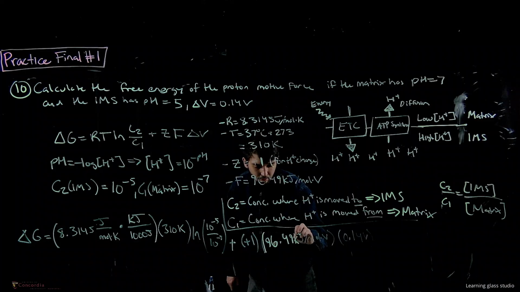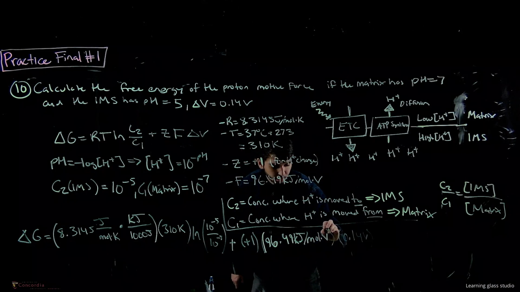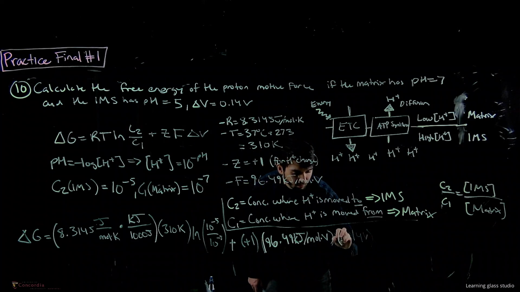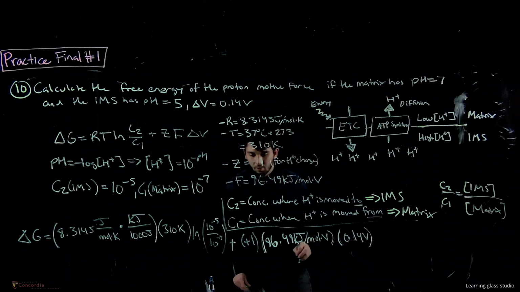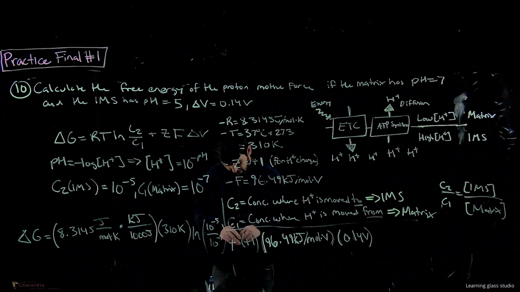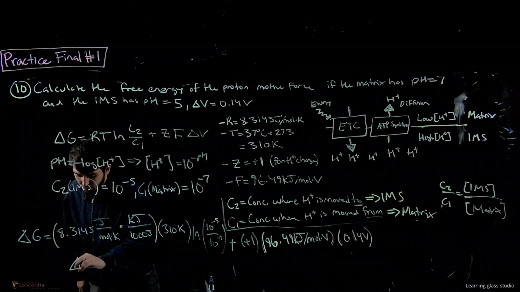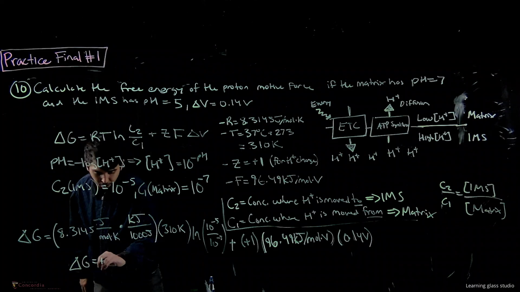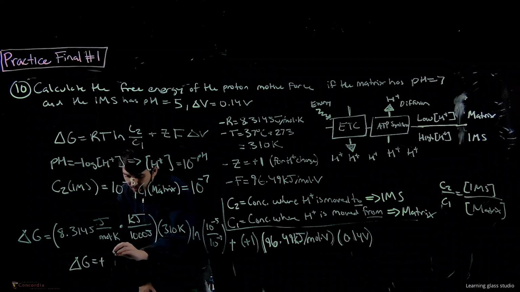That's quite a long expression, but when you put this into your calculator, you get delta G equal to positive 25 kilojoules.